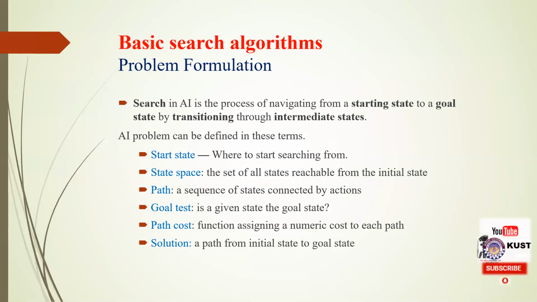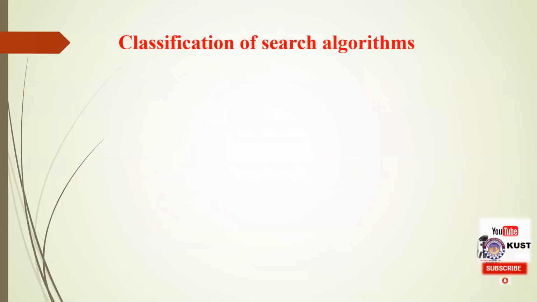Actually, goal state is the state which we want to reach, or the state that we want our search algorithm to find. Path cost is a function assigning a numeric cost to each path, and solution is a final path from initial state to goal state.